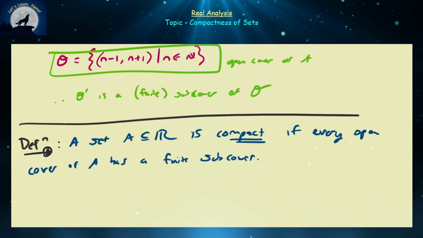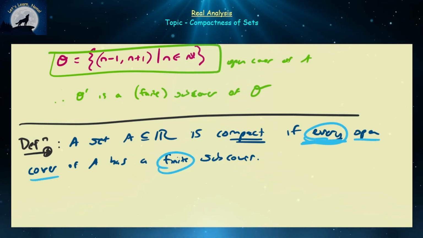So some important words that we need to focus on here. It's compact if every open cover of A has a finite subcover.